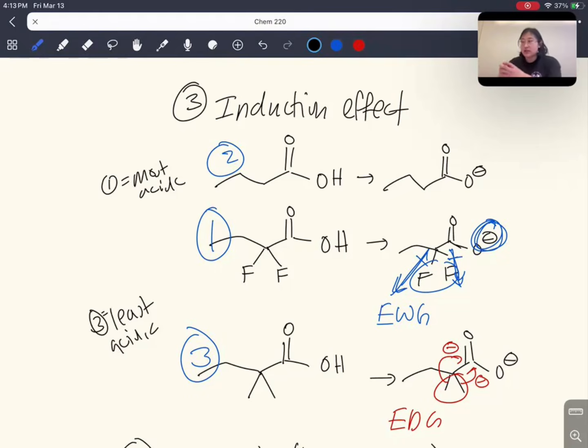It's similar to when you think about solubility or boiling point: you have to think about what conditions you are in and not necessarily associate electron withdrawing group equals good versus electron donating group equals bad. It depends on whether you're thinking about acidity or basicity. It's important to consider those factors.